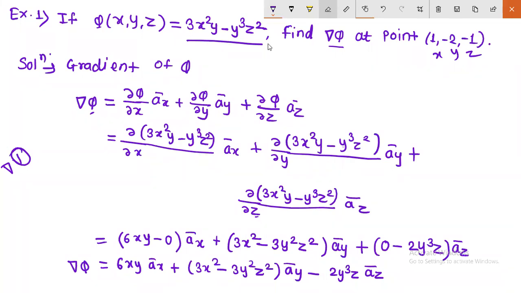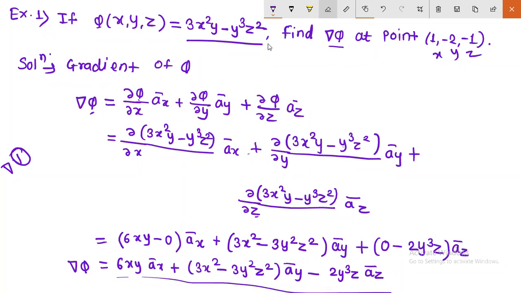Now everywhere put phi is equal to 3x square y minus y cube z square, then differentiate each quantity with respect to x, y and z. So finally we get del phi as this equation.